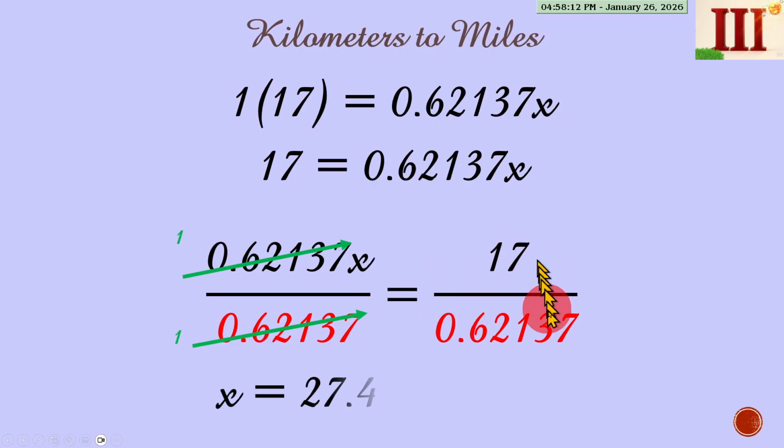So 17 divided by 0.62137 gives us 27.4 kilometers. Now, this method is also good because when it comes to division, you have to know which is the divisor. Of course, when you set it up like this and you have the fraction form, you know the numerator is going to be divided by the denominator as opposed to doing it in reverse.